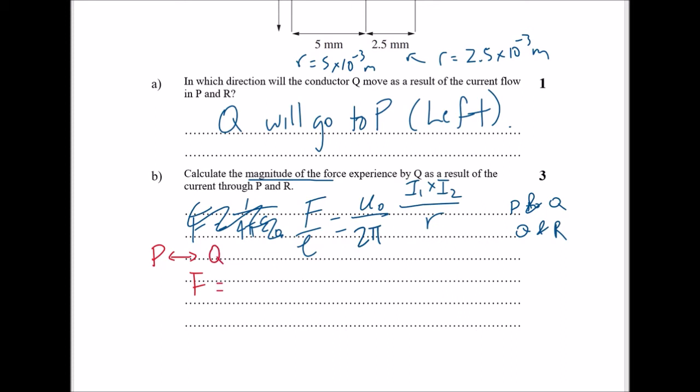According to our data sheet, mu naught is 4 pi times 10 to the minus 7, over 2 pi, times the currents, which are 6 times 2, and a distance separation of 5 times 10 to the minus 3, and then times that 1 meter.